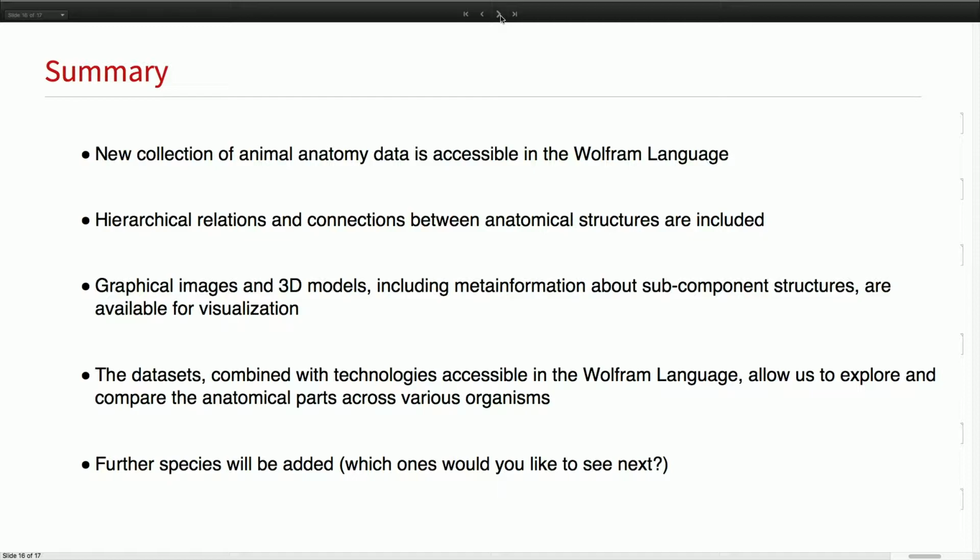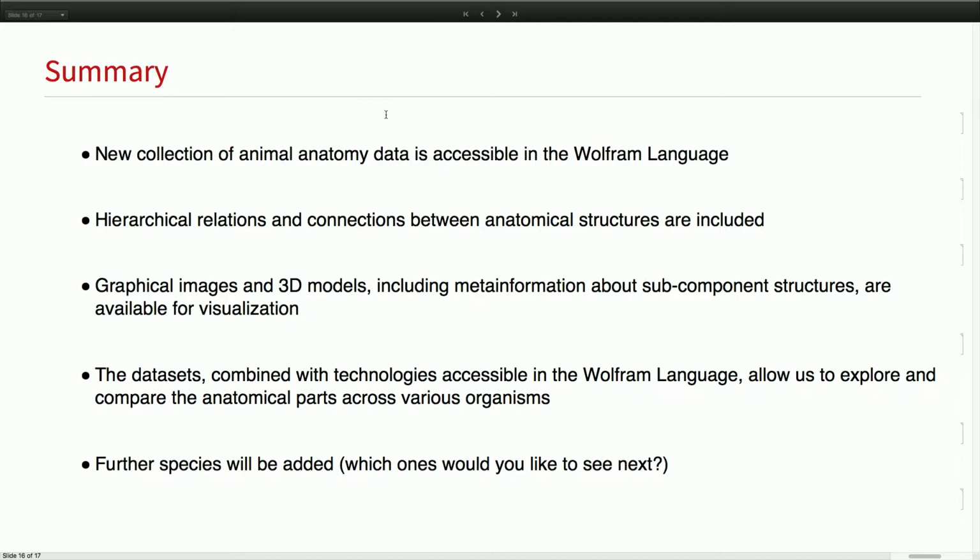And not limited to textual data, we have graphical images and 3D graphics models, and those can be customized for visualization. And the combination of the data sets and the Wolfram technology stack allows us to explore and compare the anatomical structures across various organisms.